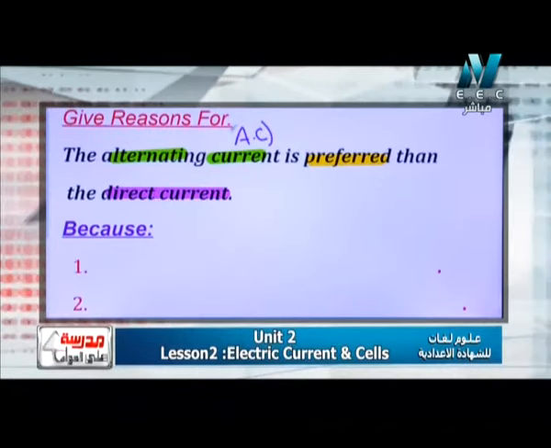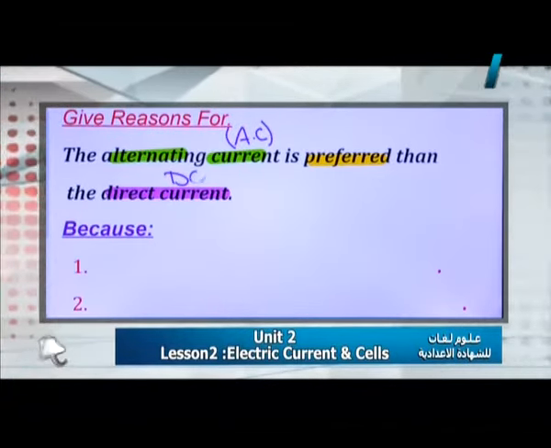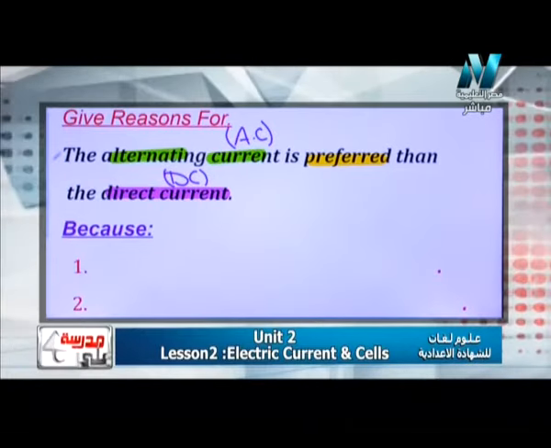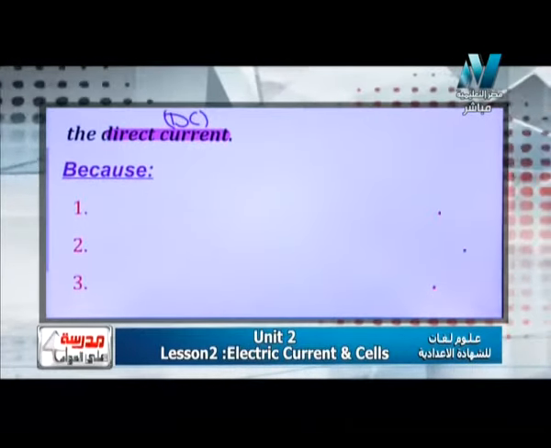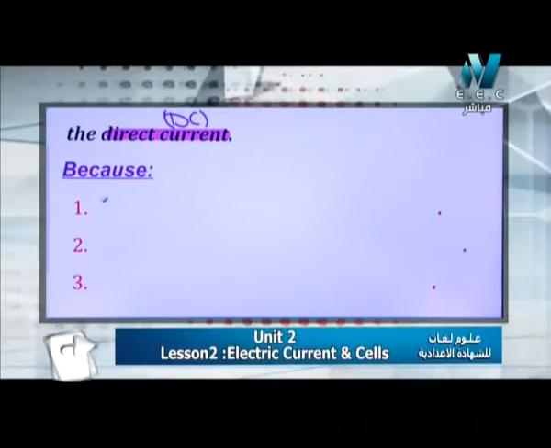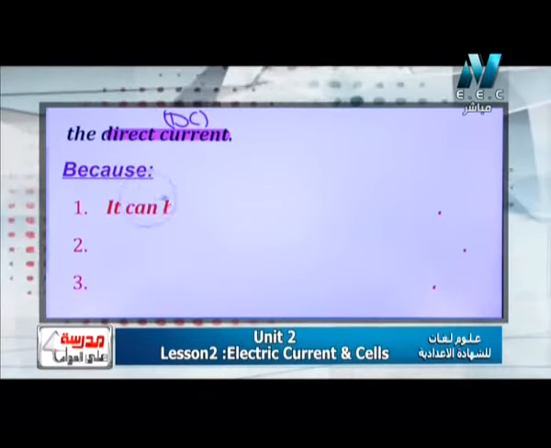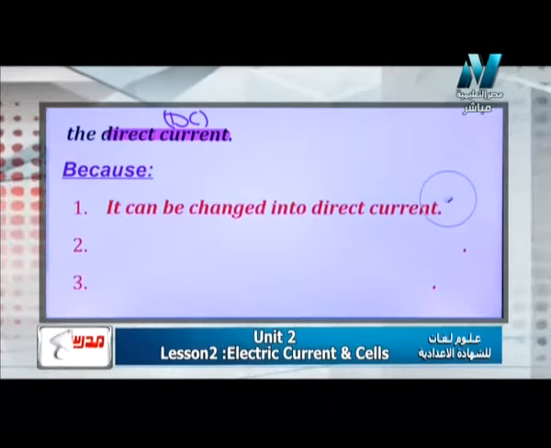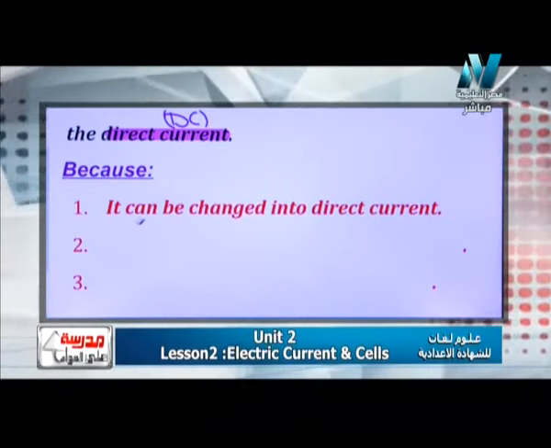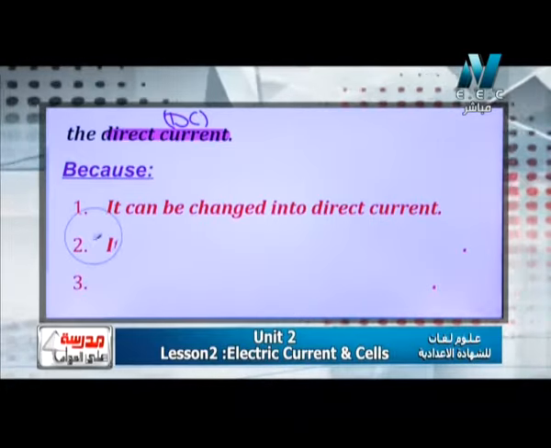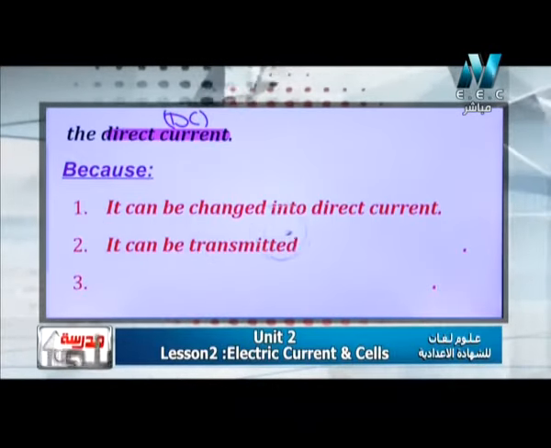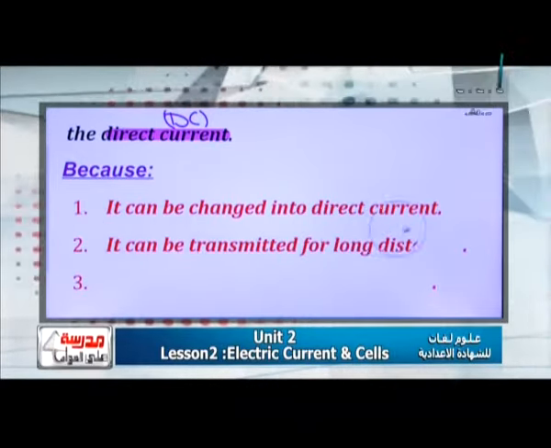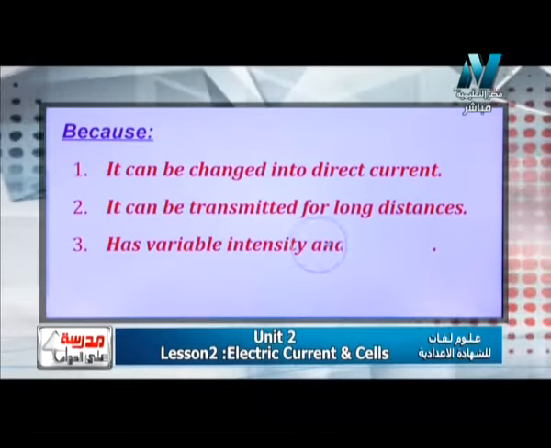Why? Because we have three reasons. Number one, it can be changed into direct current, which is excellent. Number two, it can be transferred or transmitted for long distances. Number three, it has variable intensity and direction.